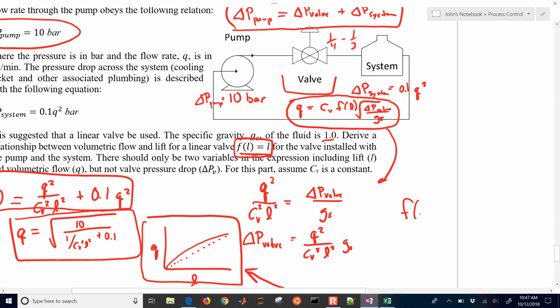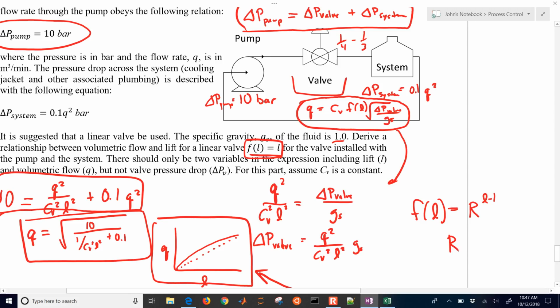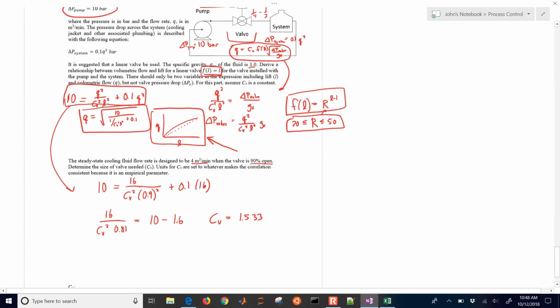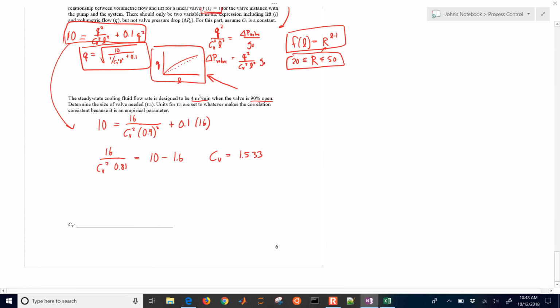And so you should know about that as well, where F of L equals R to the L minus 1, and R is typically going to be between 50 and 20. That's just due to the type of trim you use for the valve. So you could use either one. You could use an equal percentage, or you could use a linear valve. Okay, so that concludes this exam review.